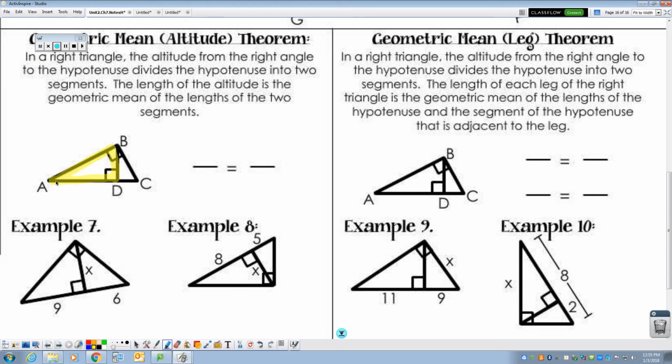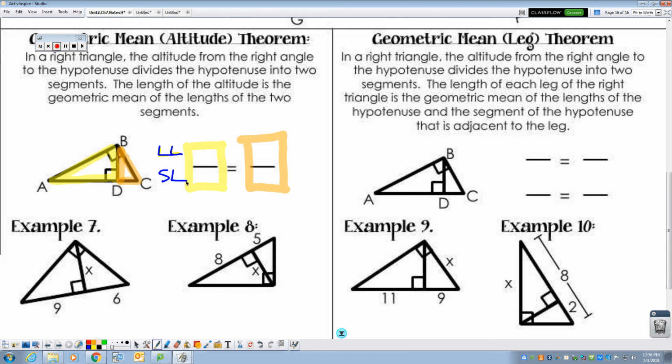So what they're really telling you is, I draw my altitude and I have this picture. And in this picture I have a yellow triangle and an orange triangle. And what they're comparing here is a long leg and a short leg.